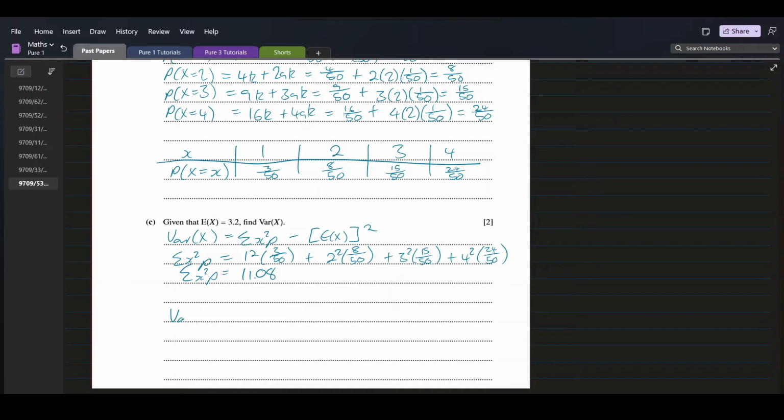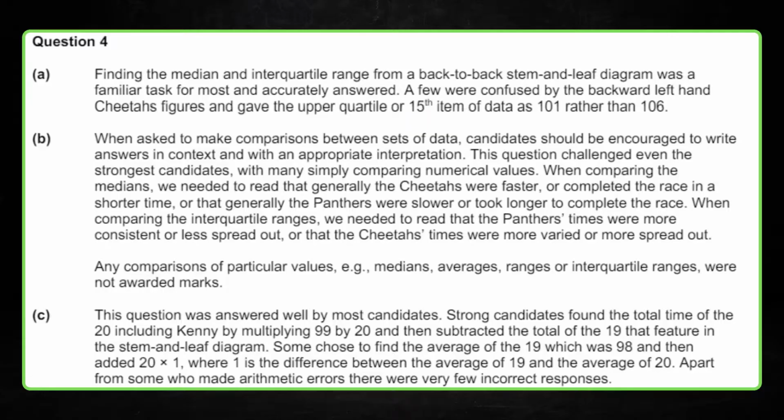So we can now go back to the formula for variance and say 11.08 minus 3.2 squared, and punch that into the calculator. 11.08 minus 3.2 squared, and that gives us 0.84, and this is our final answer.